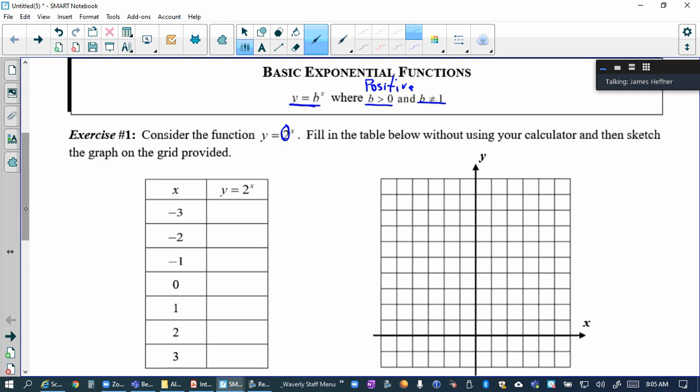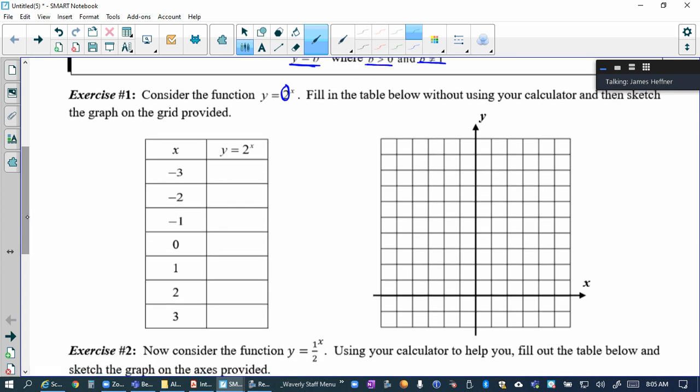Let's do the table of values here then, okay? So 2 to the x, right? If we start with -3, we'd have 2 to the -3 power, which is really what? 1/8. 1 over 8, right? Not making anything negative. Please know that. Negative exponents don't make anything negative, okay? All right, so let's do an x of -2.